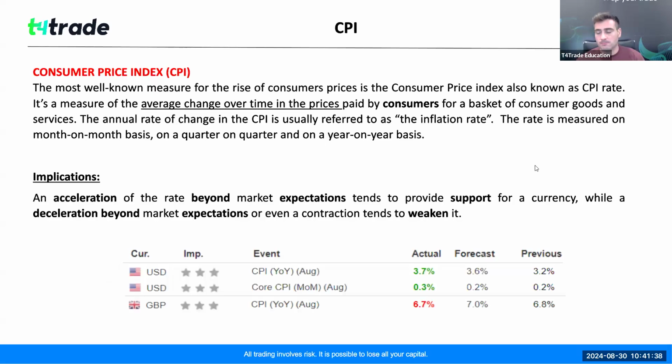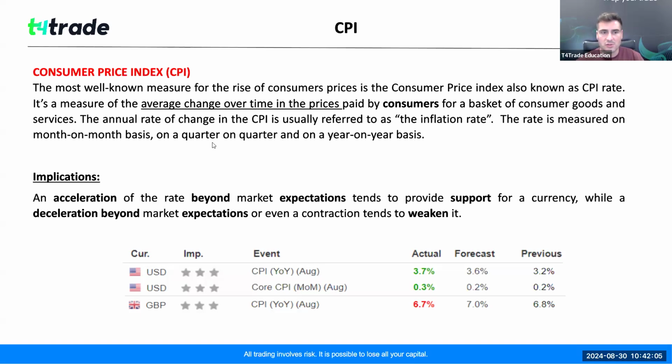Okay, so CPI is the broadest and the most basic measure of inflationary pressure. This is the most well-known measure for the rise of consumer prices, the consumer price index, also known as the CPI rate. It's a measure of the average change over time in prices paid by consumers for a set basket of goods and services.